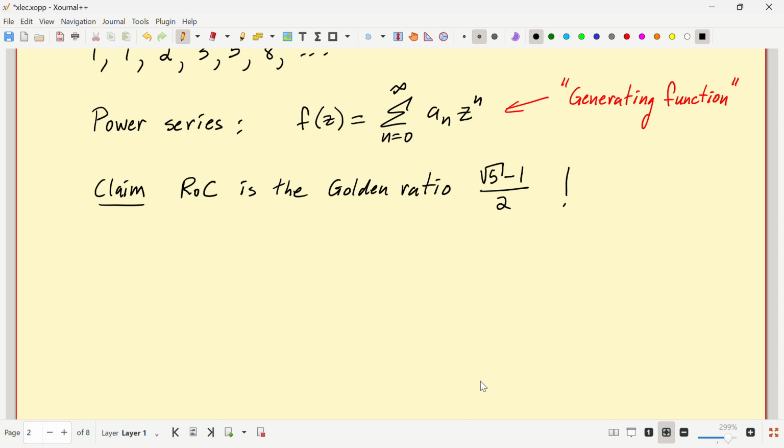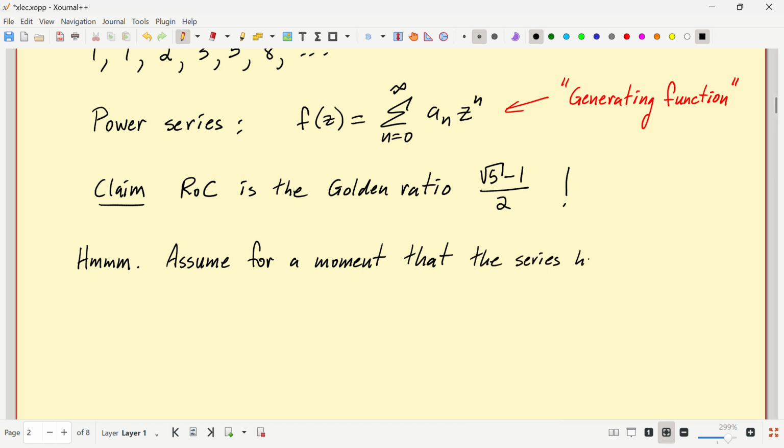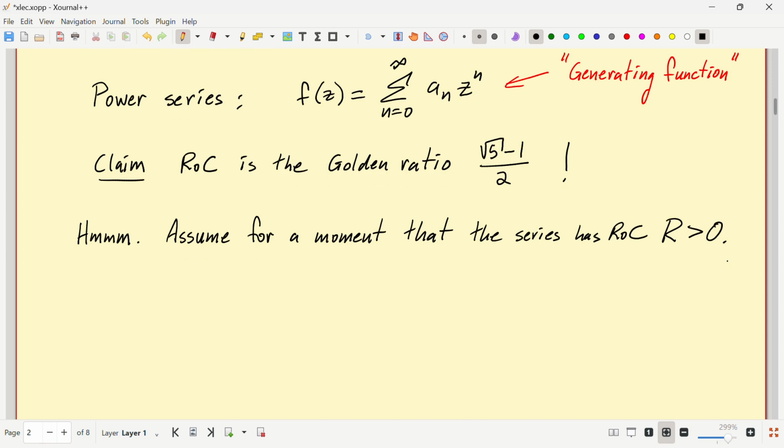So, let's assume for the moment, I'm thinking out loud now, that the series has radius of convergence r bigger than 0. We don't know that it does. Well, then we know we can differentiate term by term.